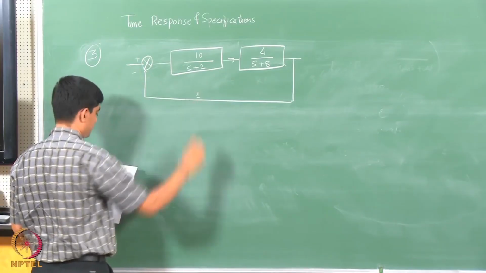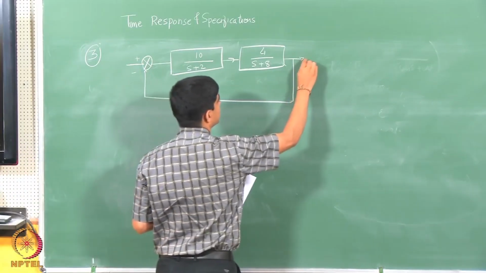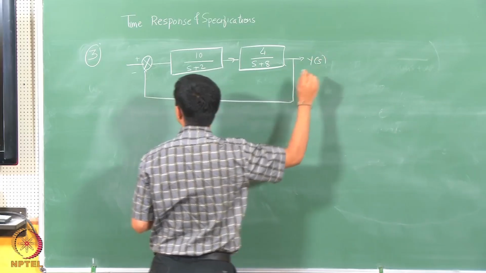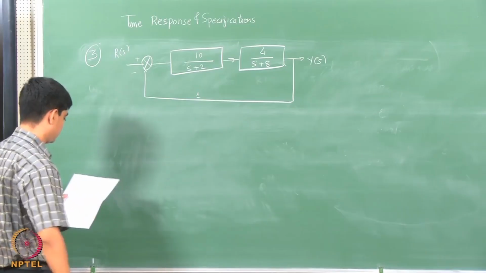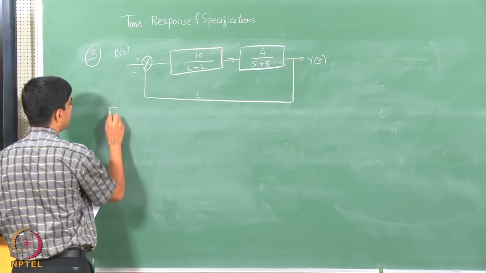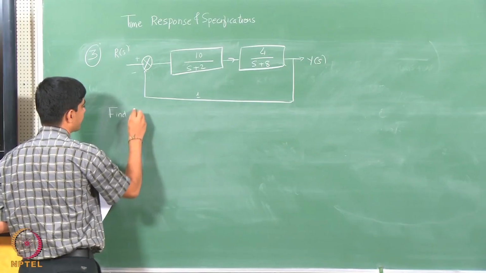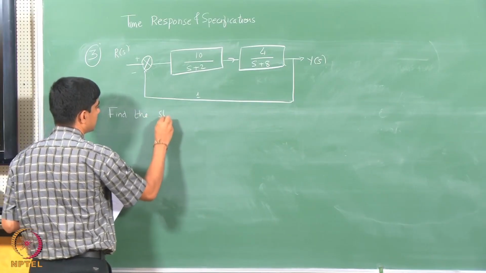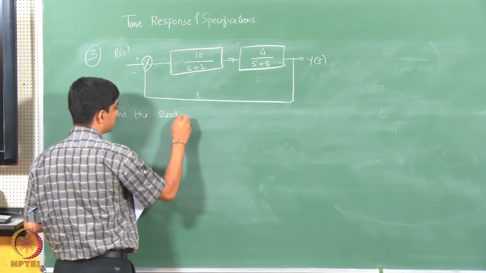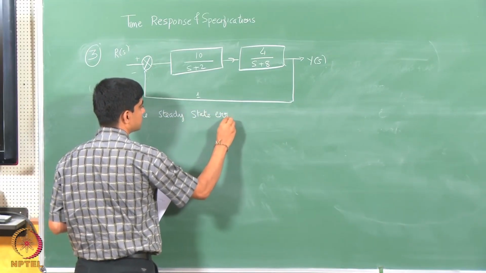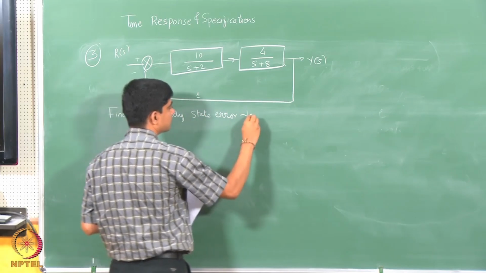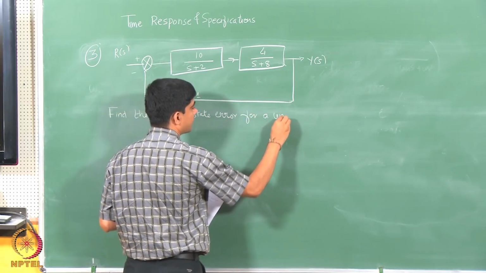This is a 1, this is my Y(s). And the problem is to find the steady state error for a unit step input.